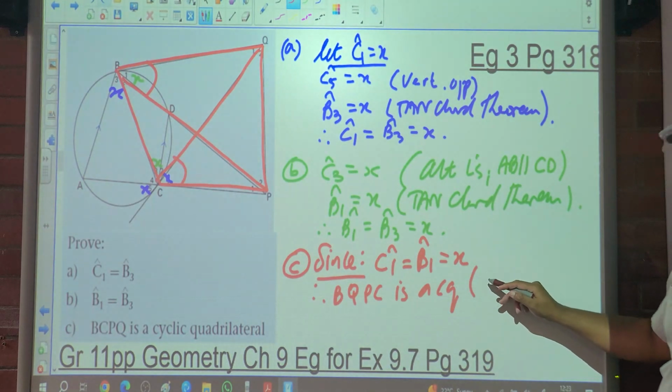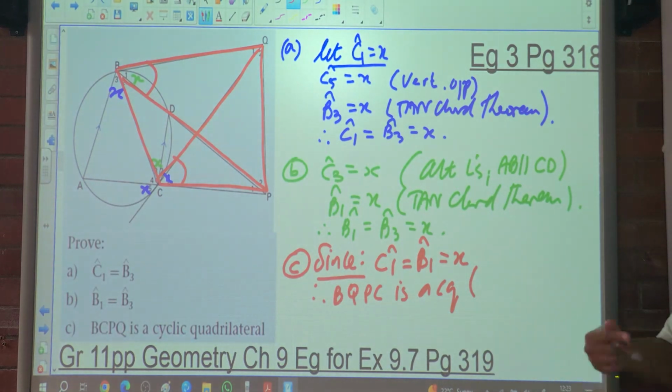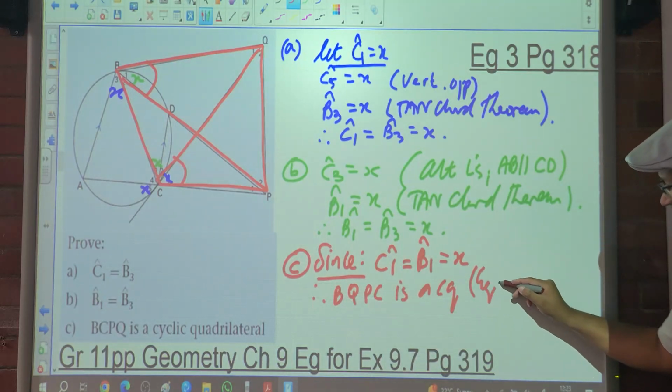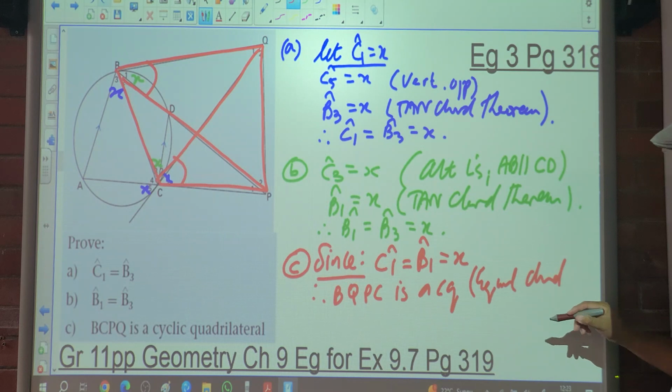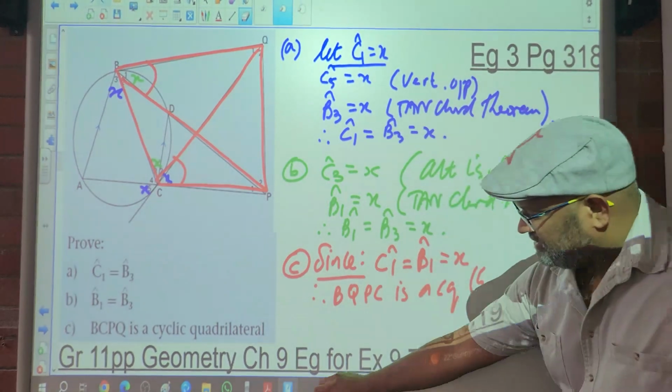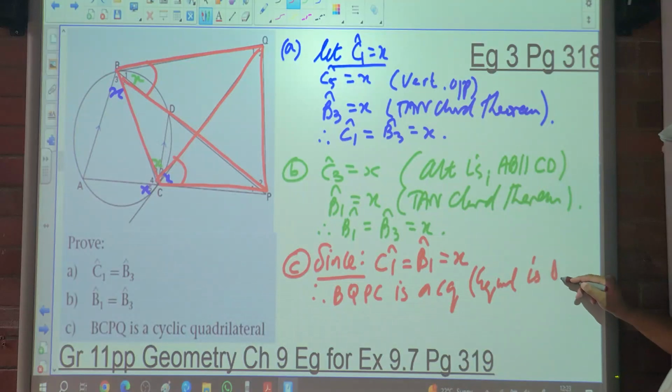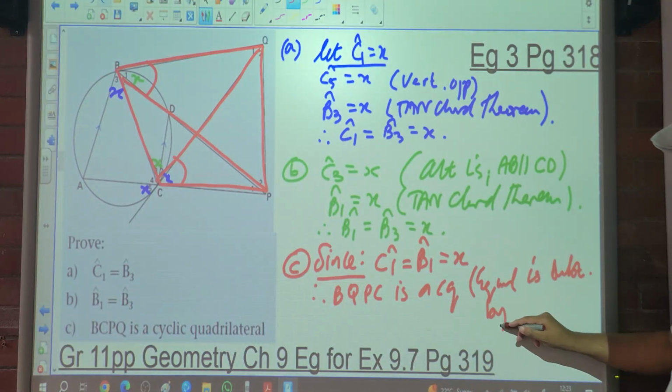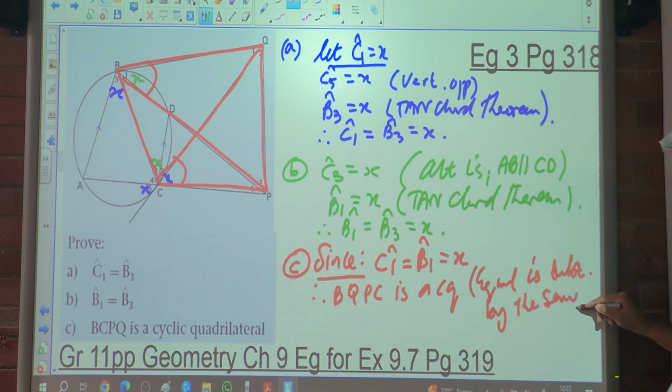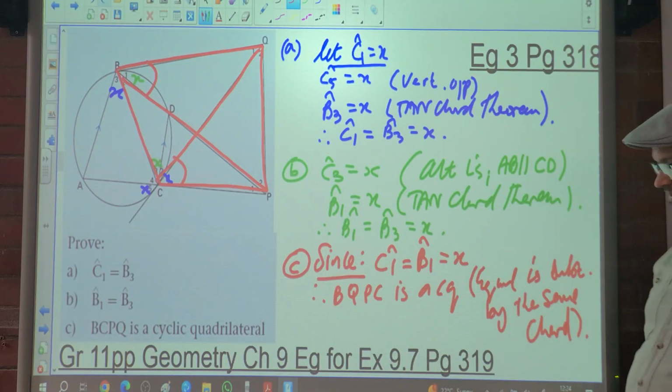Because of the converse of angles in the same segment, or I can say equal angles subtended by the same chord. That was the converse of angles in the same segment. Okay. A sum like this is worth about 10 marks, something like this. Okay, this only if you want it.